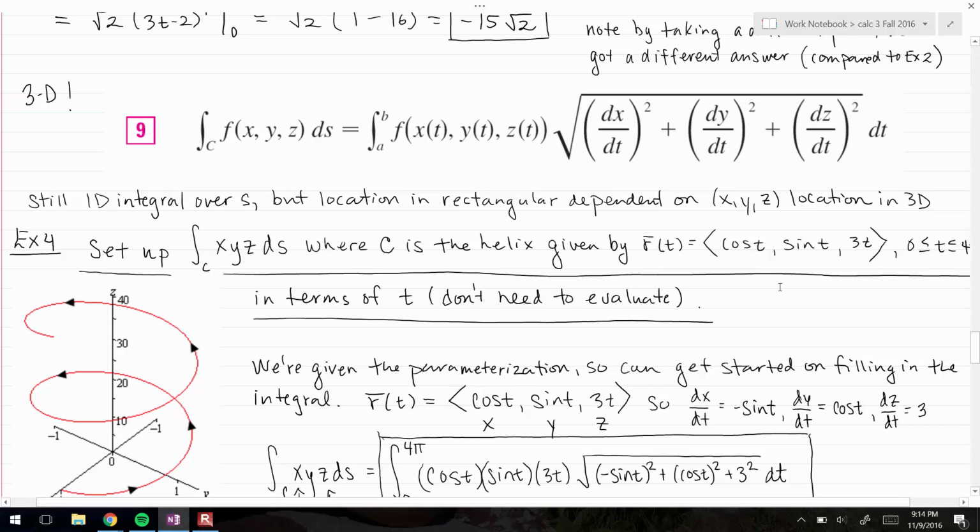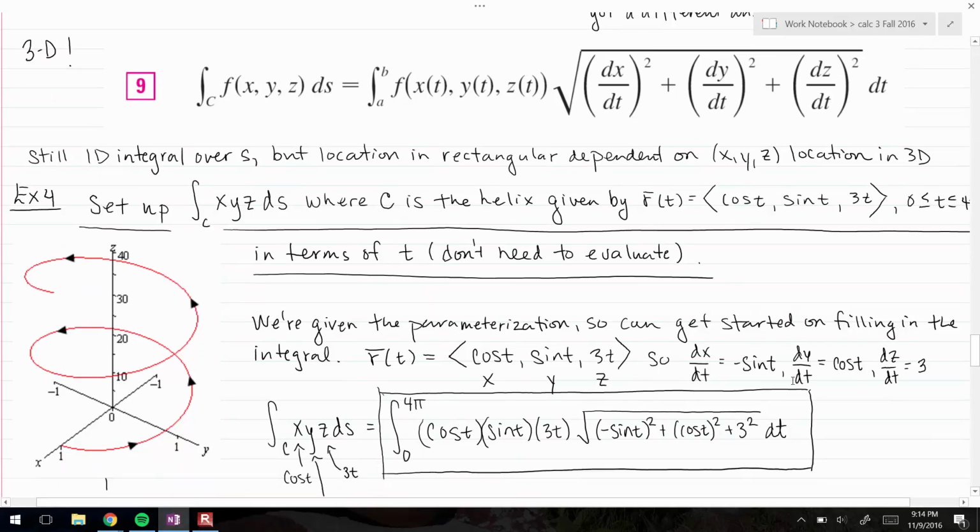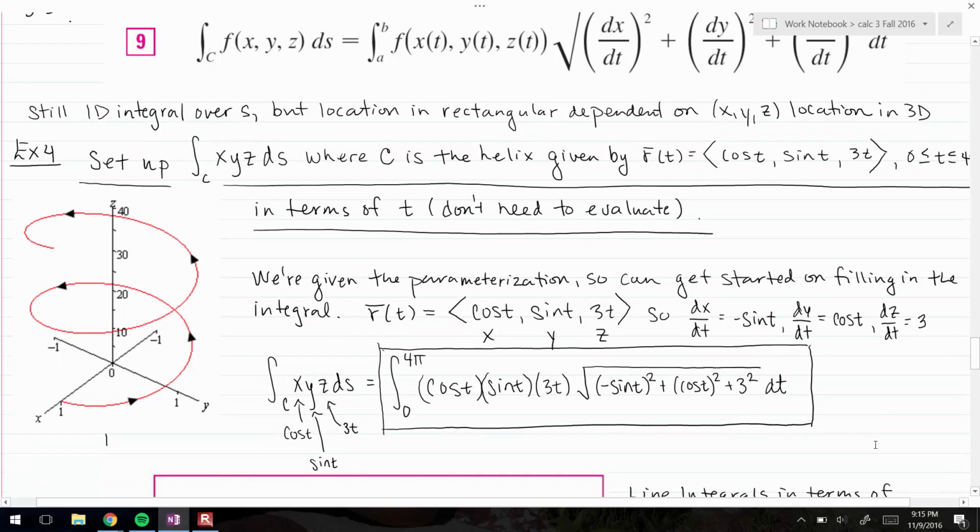As some side work, we get negative sine t, cosine t, and 3. Plugging those in, we have a square root of all those derivatives added with their squares, and we kind of have a mess. So put the limits of integration in there, and for this problem, that's actually all we need to do.